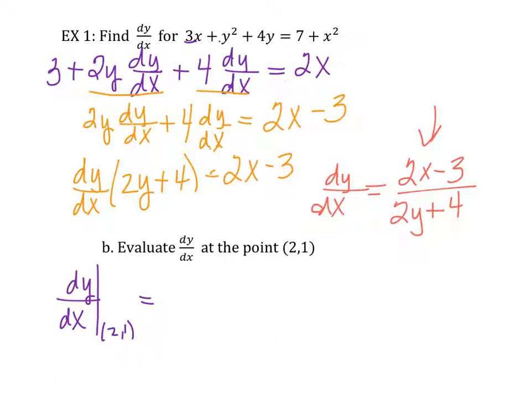So I'm going to put 2 in for my x, and I'm going to put 1 in for my y, and I'm going to get an answer of 1/6. Now, does that 1/6 tell me the same thing? Yes, it's the slope of the tangent line at the point (2, 1).